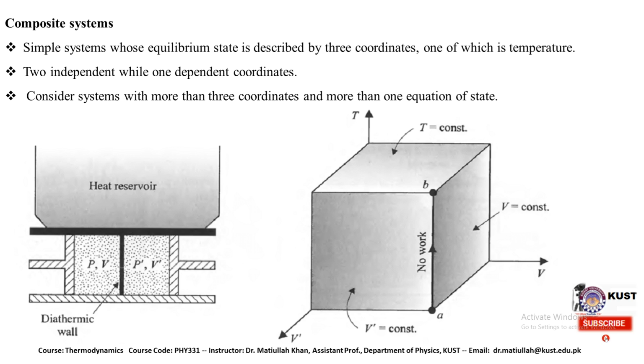So we needed 5 variables. More than 3 variables are present in this system, and that is why it is a composite system. Similarly, we had a complicated work diagram in this case, because this is a 3-dimensional work diagram, but in other cases we have only a two-dimensional work diagram because we have only 2 independent coordinates.